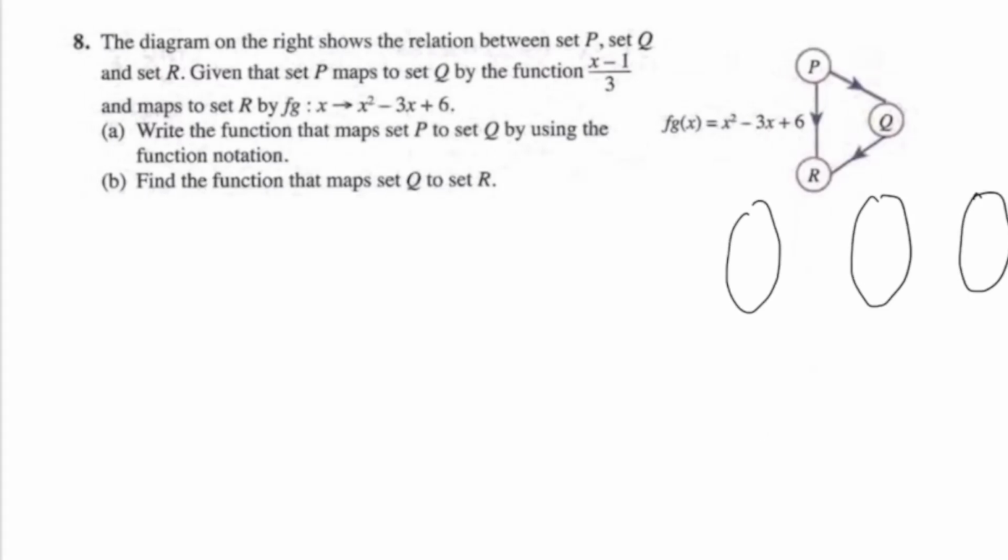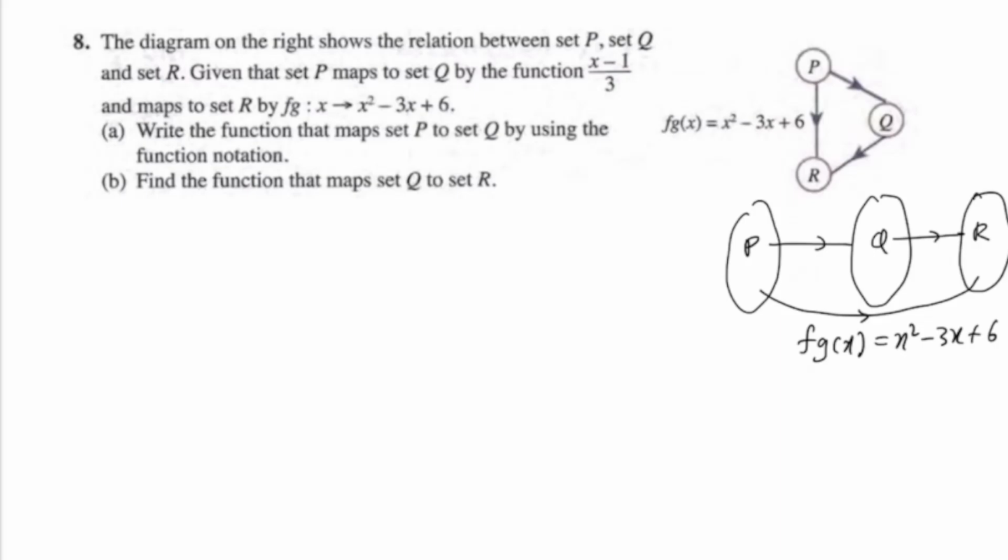Okay, so now we know that if I start off with function p, I map onto q, q will map onto r. Now p can go directly to r using the function fg(x), and this is x squared minus 3x plus 6. So what we want to do is write the function that maps p to q.